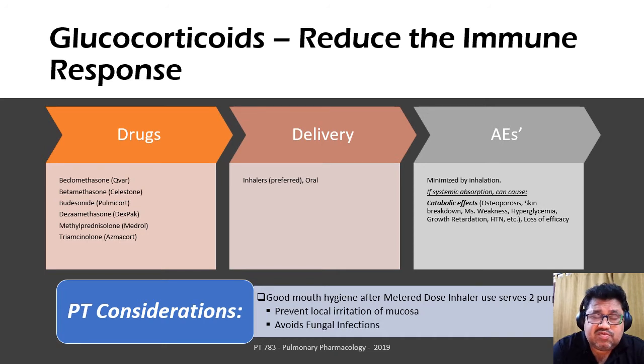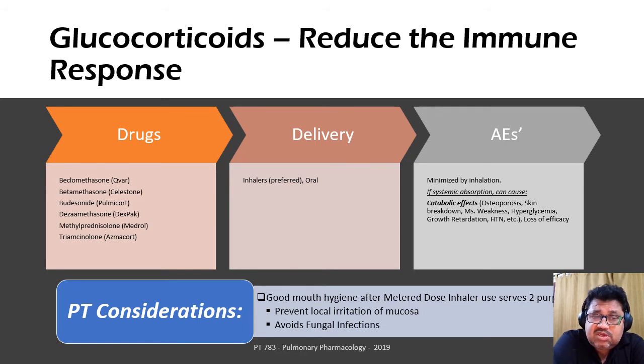Another drug that is used for long-term control of asthma-like symptoms are the glucocorticoids. The glucocorticoids are used in any condition that has an immune mechanism as the basis of the disorder. Since asthma is an immune reaction, glucocorticoids work very well in controlling the long-term inflammatory reactive airway disease.